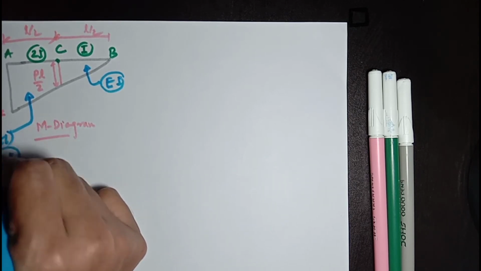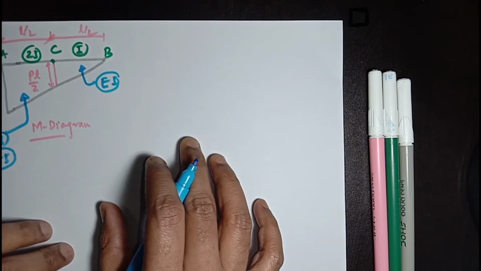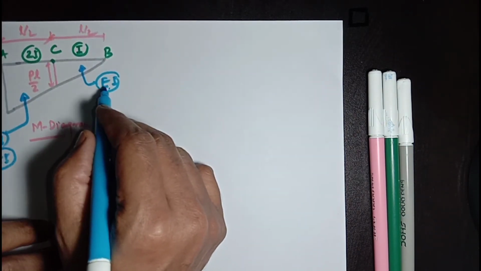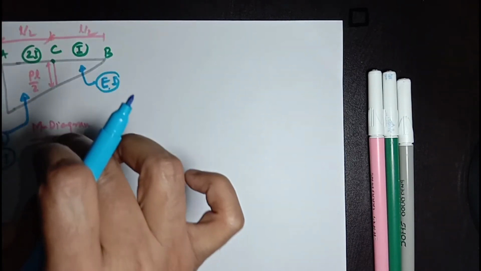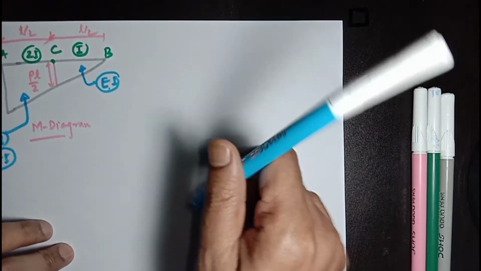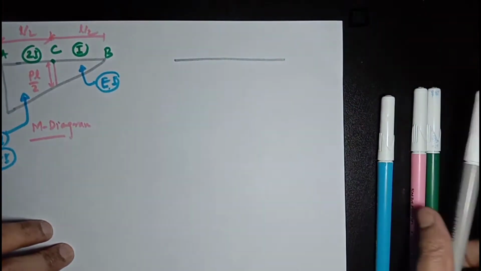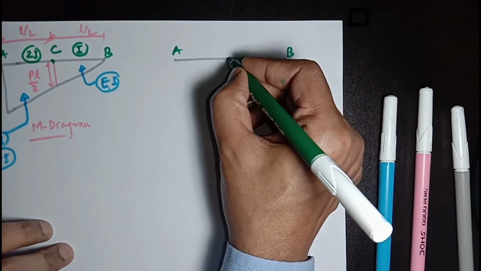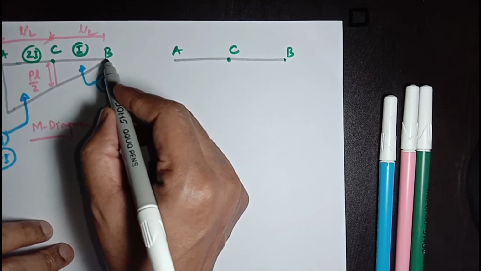So through this M diagram, we are dividing all coordinates by EI and twice EI. We draw the M over EI diagram taking the same base length, with points A, B, and C.